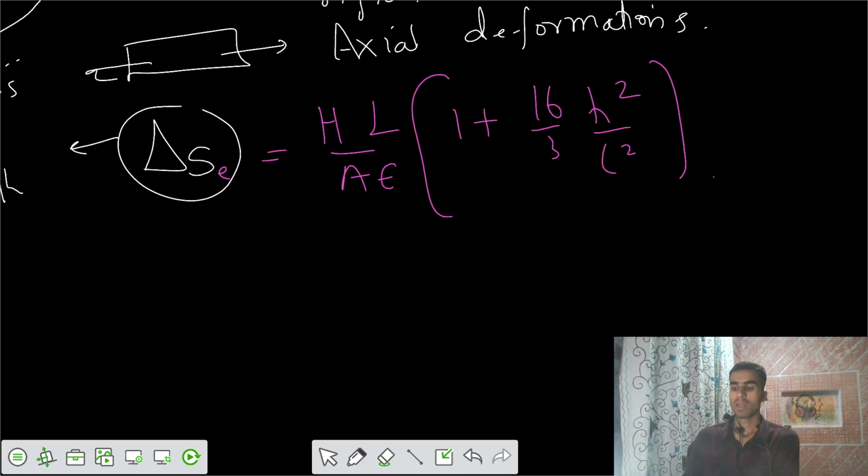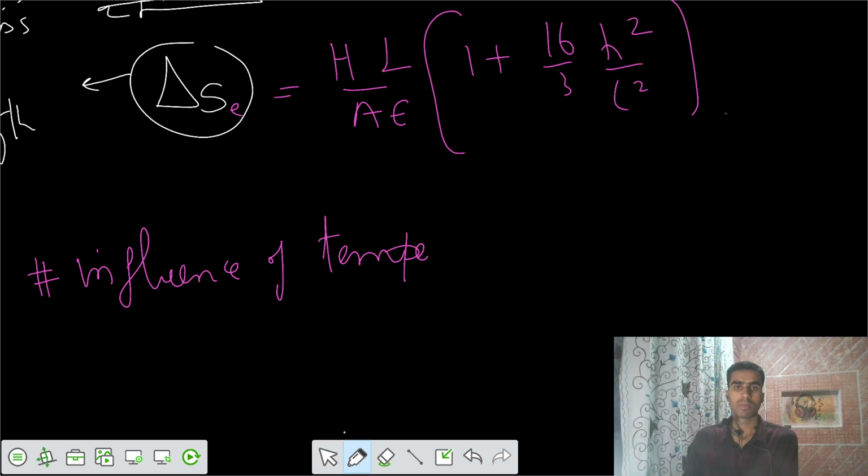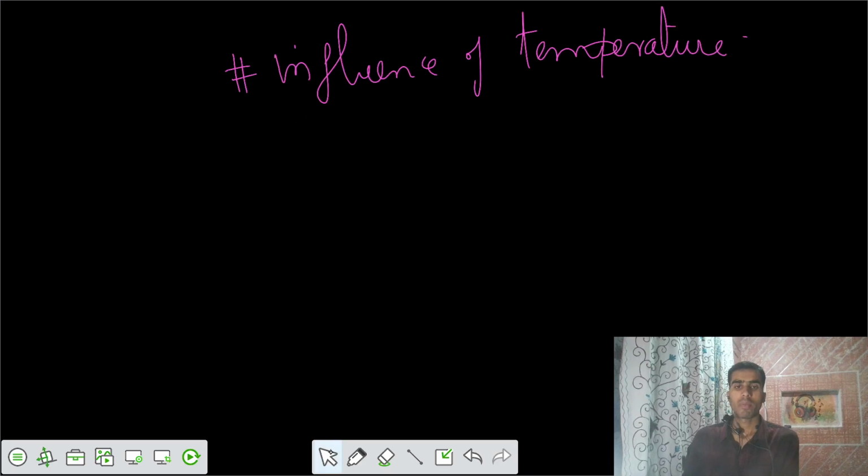This is equation number 1. One more is the influence of temperature. Because of temperature change, we know that delta equals alpha L T, where T is the change in temperature.